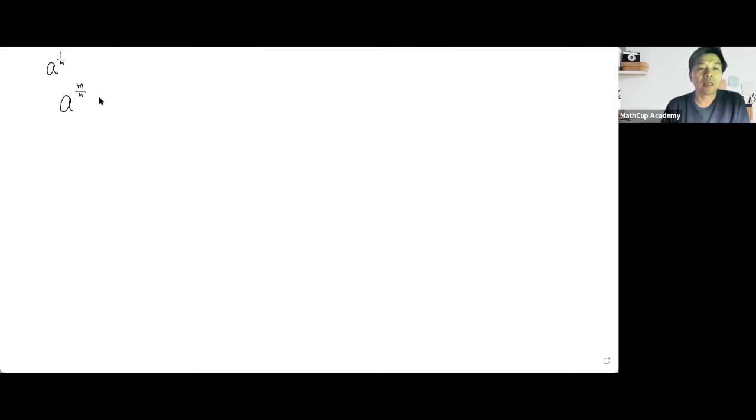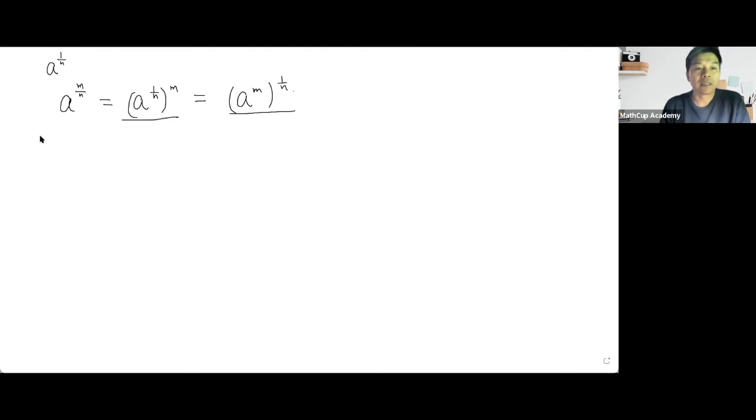So this can be written as a to the power 1 over n, raised to the power m, or equivalently, a to the power m, raised to the power 1 over n. You can do it either way, depending on the situation. Maybe one is easier than the other. In most situations it does not matter which way you calculate it; it's more or less the same difficulty.